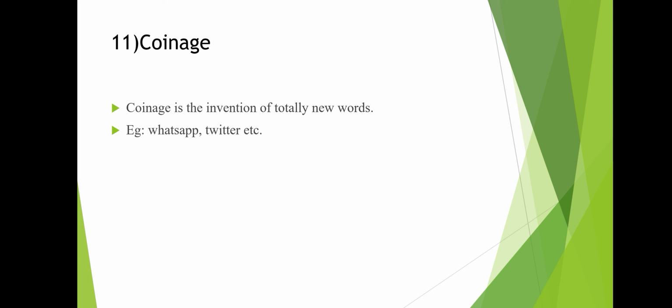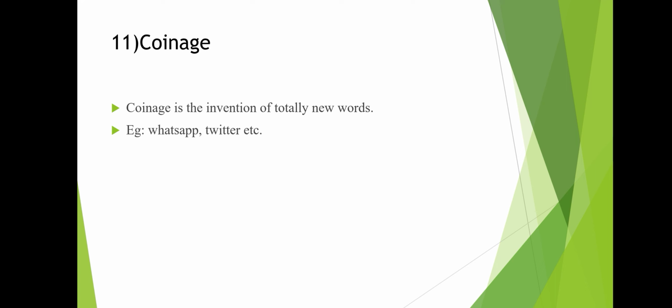Then the last one, coinage. Coinage is the invention of totally new words. The invention of new words is called coinage. For example, with the invention of new instruments, new equipment, new technical things, different kinds of inventions lead to the formation of new words.